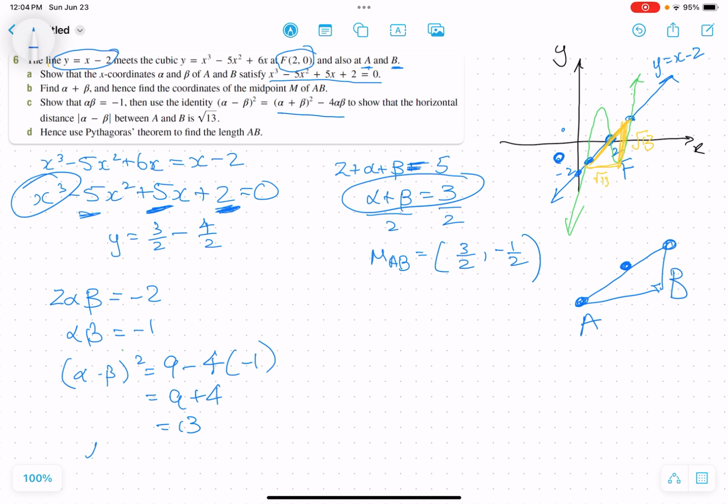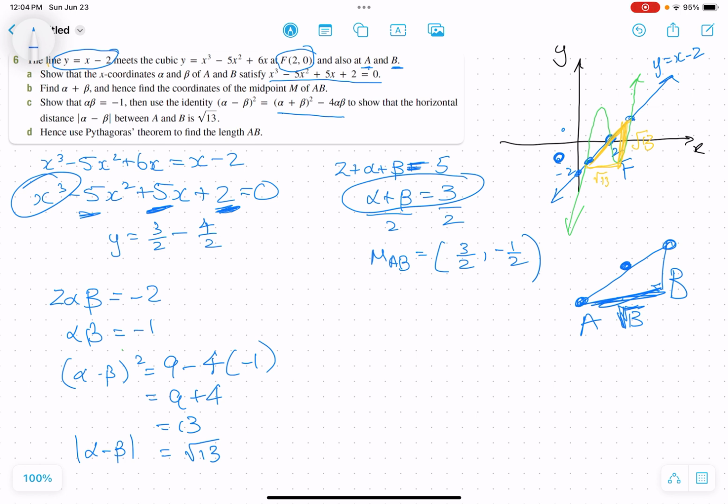Now, if we find the positive square root of that, we get root 13. So the distance between alpha and beta is root 13. And remember, alpha and beta are the x values, so that's the horizontal distance, root 13.